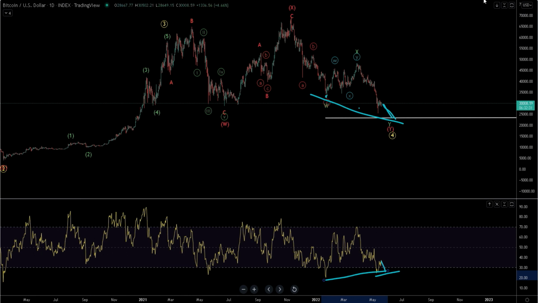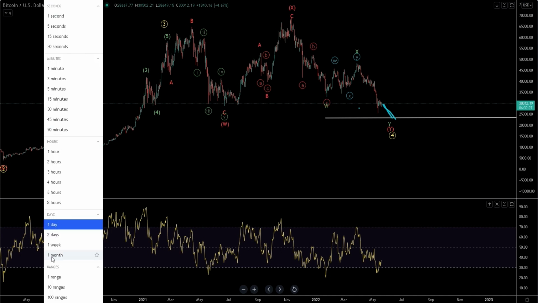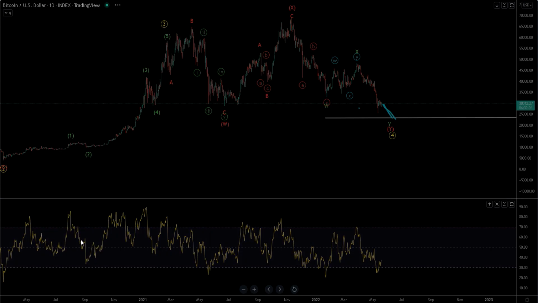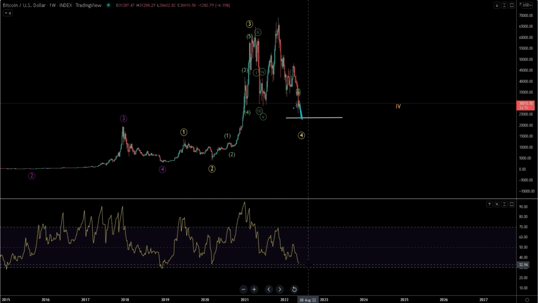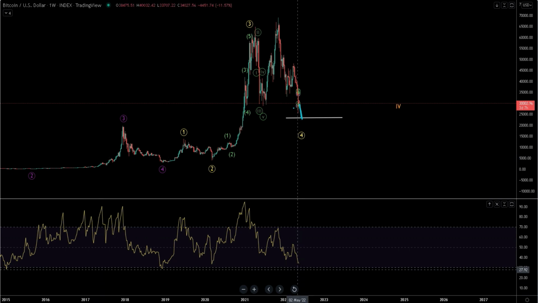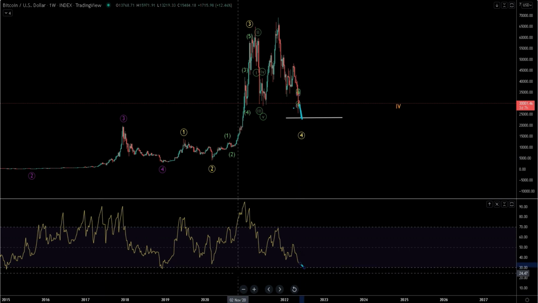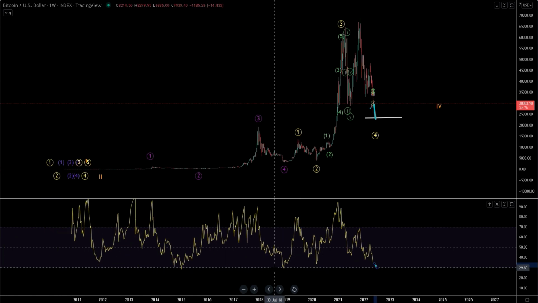And if we come to the weekly time frame, all right, let's go to the week. All right. We are coming very close, okay, to being oversold. All right. This does not look bad.